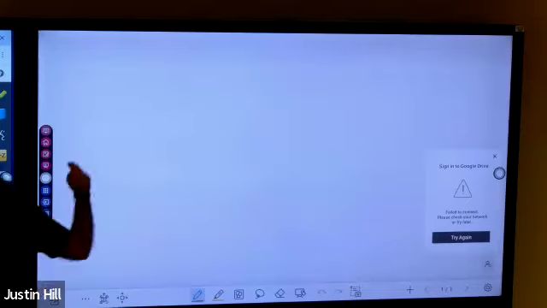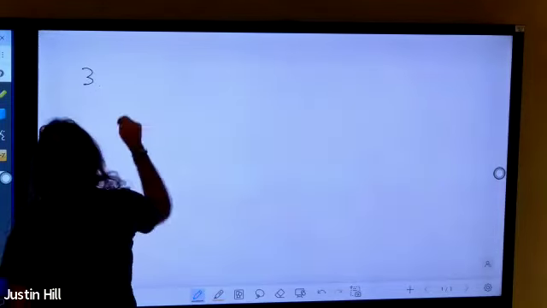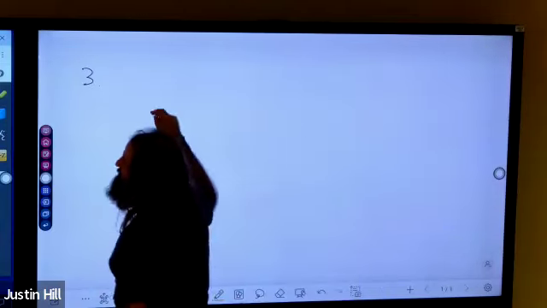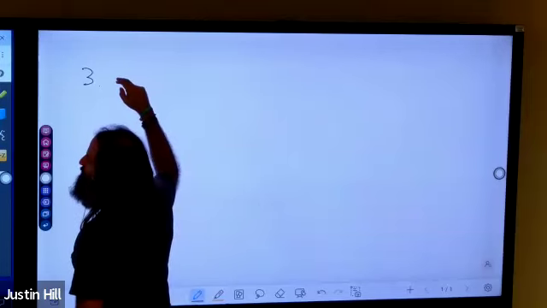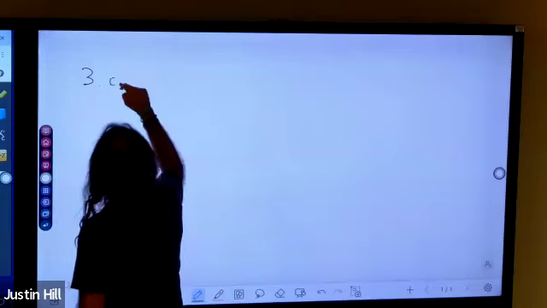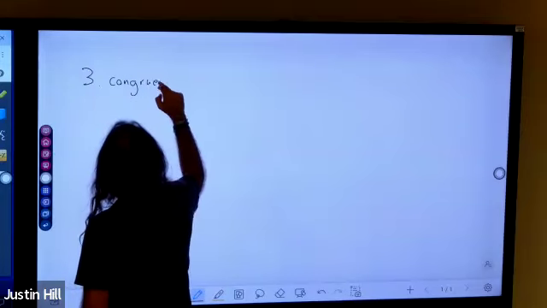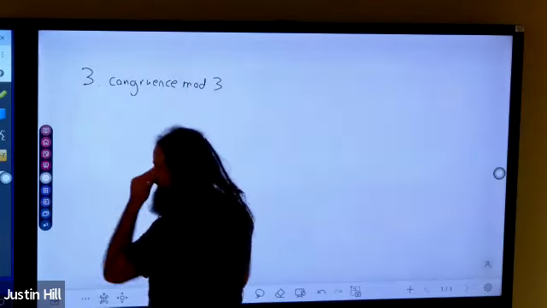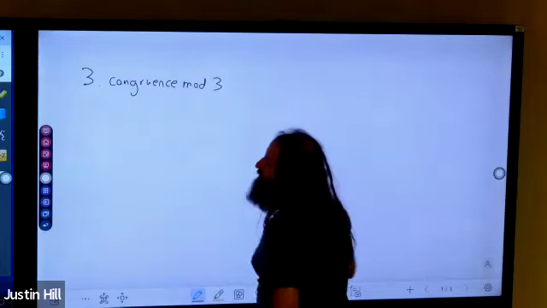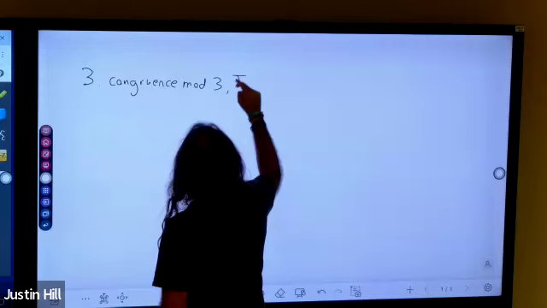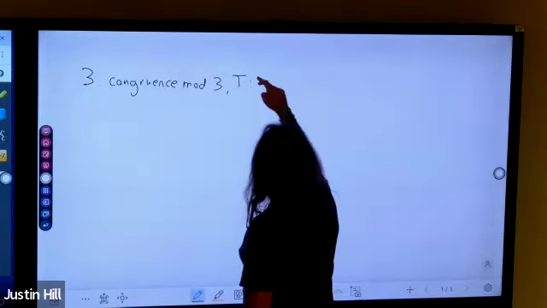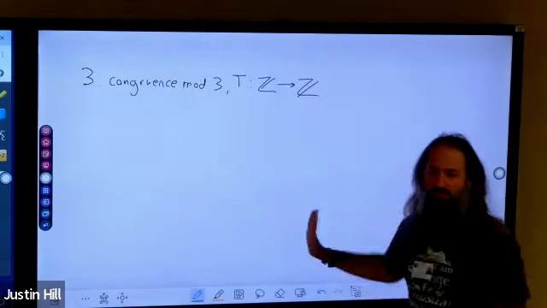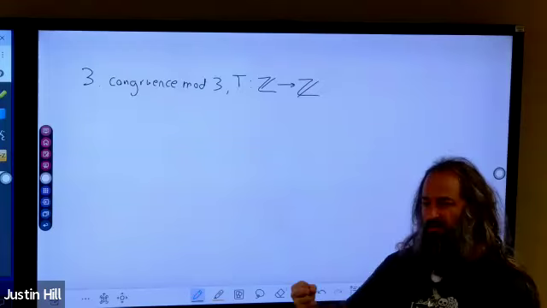So in 3 though, let's make sure. In 3 though, we're using this particular relation. They call it the congruence modulo 3 relation. So let me put some of the words down here. So congruence mod 3, T. And this relation goes from Z to Z. So again, you'll notice the notation, everything is exactly like we have for functions, because functions are a subset of relations.